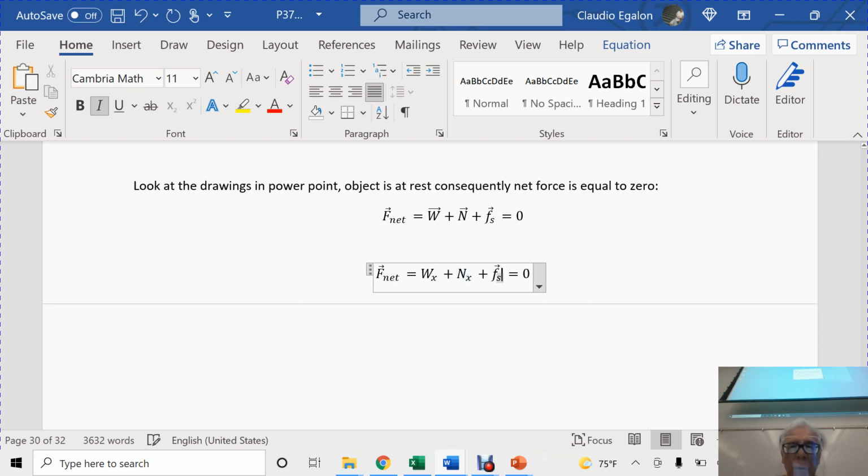And here I'm going to emphasize that it's the x component of the static force. Net force in the x direction.